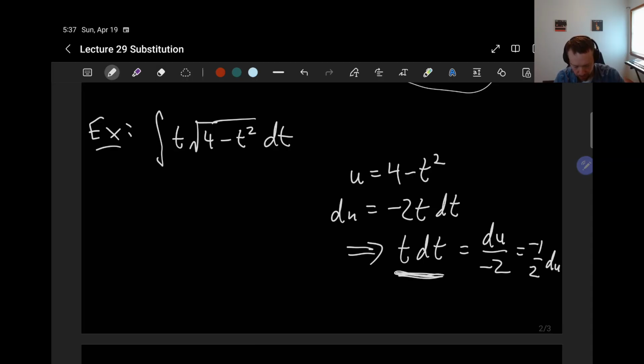So t dt, the part that we do have, will get replaced with negative 1/2 du. I'll go ahead and put that negative 1/2 outside, because you can do that when you're multiplying by a constant. All right, and so then here we have square root of u, and finally du.